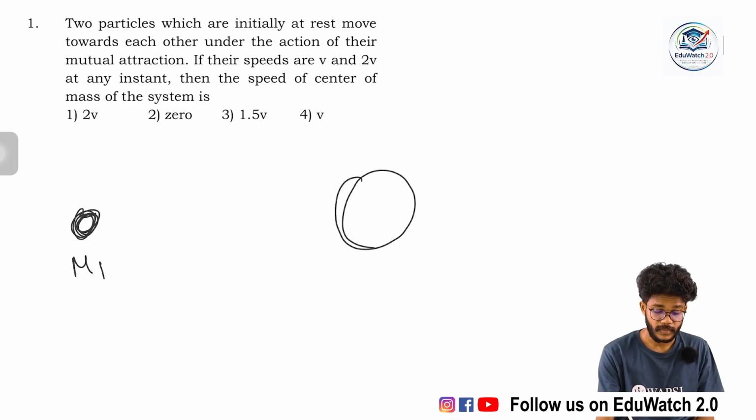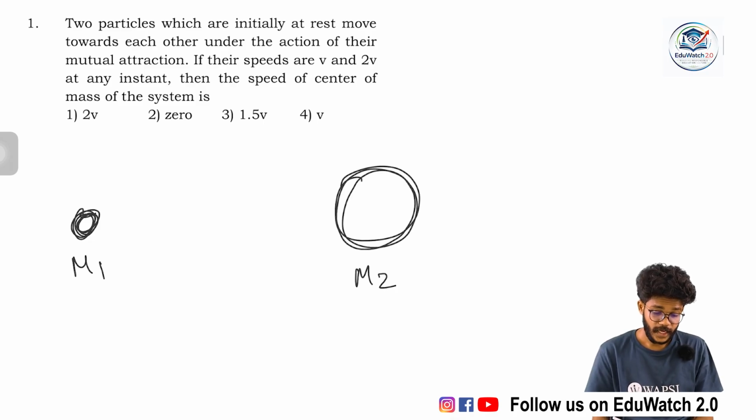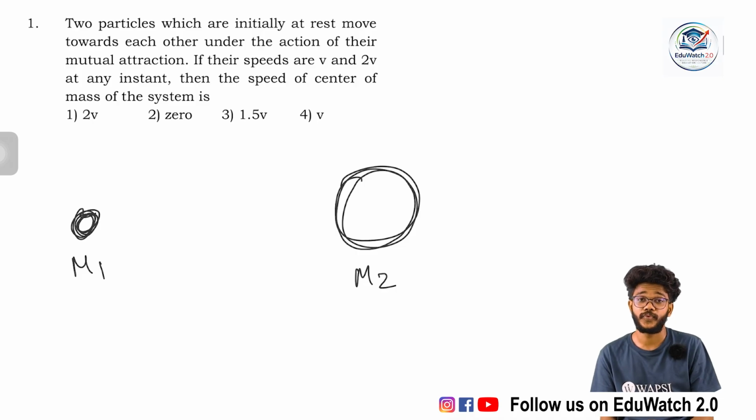and this is the second mass m2, with their velocities v and 2v, that means one particle has velocity v and the other has velocity 2v. Okay, so which one has the greater velocity? We know that the force acting on each object will be the same, because F12 is equal to minus F21.